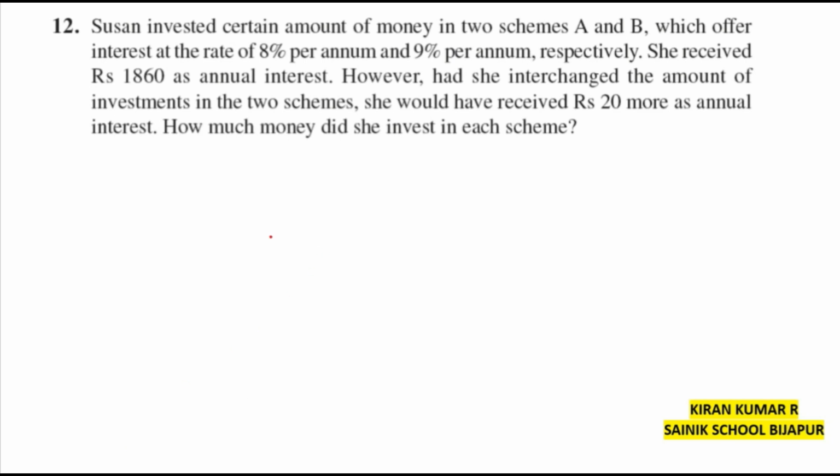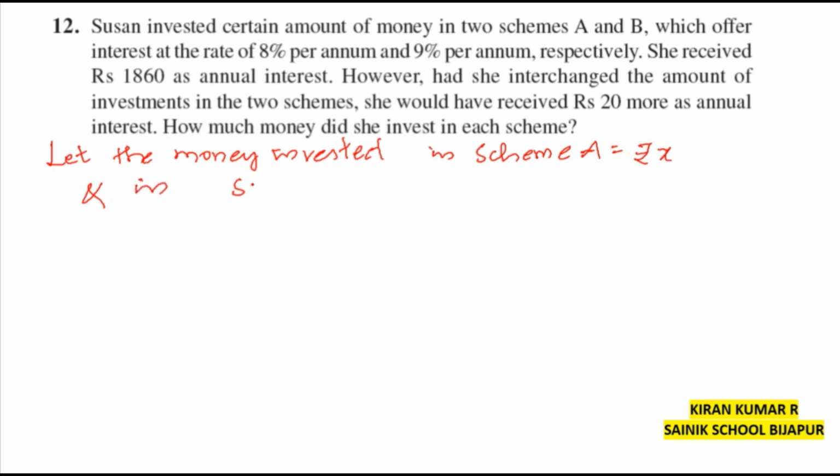Let me consider the money invested in scheme A as rupees X and in scheme B as rupees Y. Let the money invested in scheme A be rupees X and in scheme B rupees Y. In the first case, it's given that Susan has invested certain amount of money at 8% per annum and 9% per annum in both the schemes.